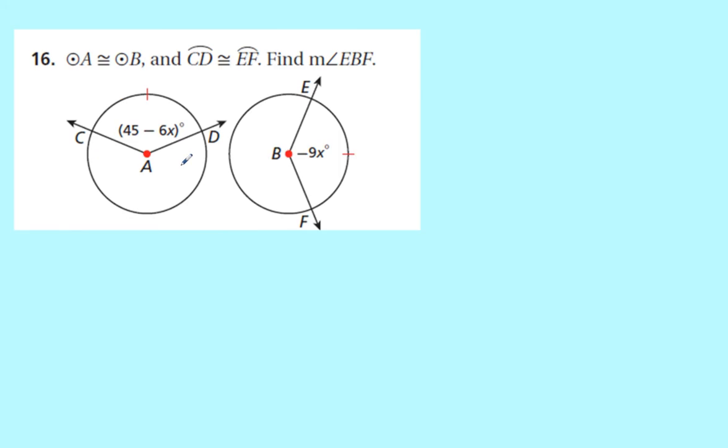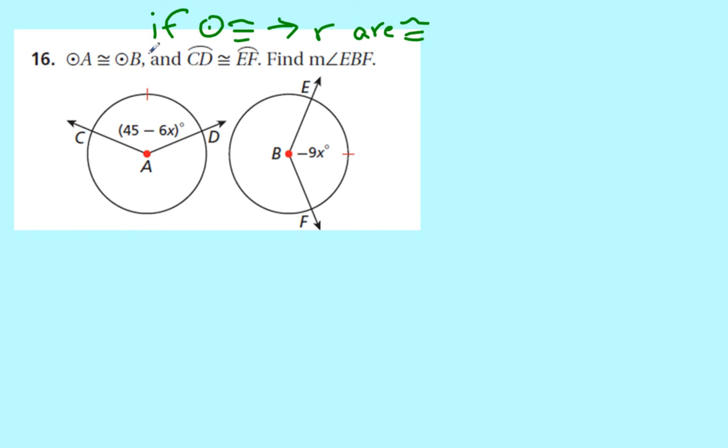Alright, down here we have 2 circles that are congruent, and if the circles are congruent, then the radiuses are congruent. It doesn't even matter for this one, but this is still true.